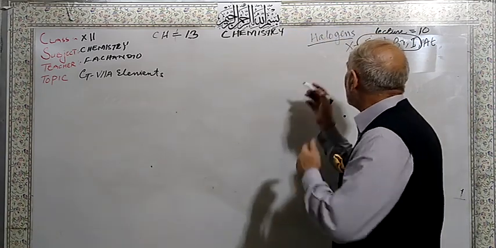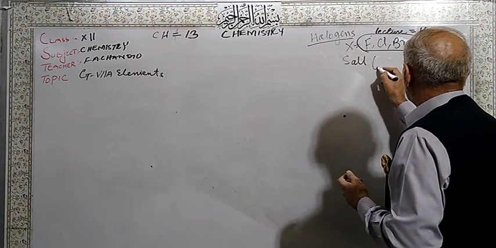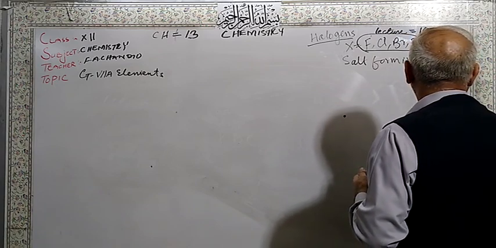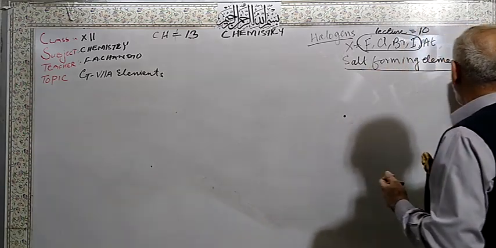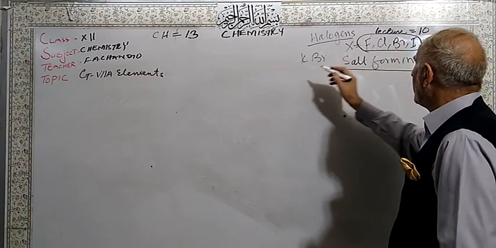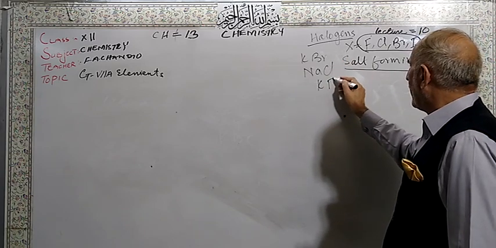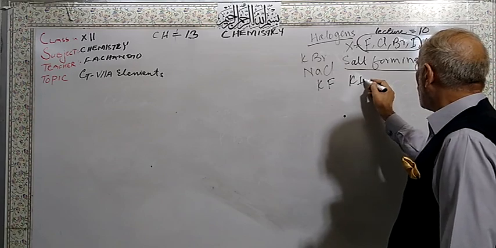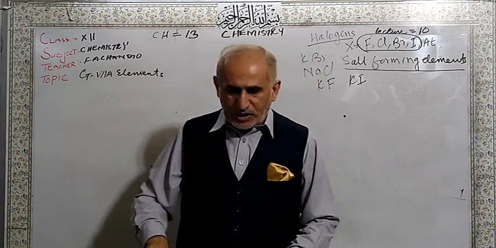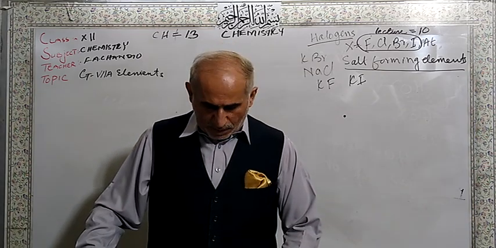Salt forming elements, just like potassium bromide, sodium chloride, potassium fluoride, potassium iodide. These are ionic compounds in which a negative 1 charge is involved. So these are called salt forming elements.